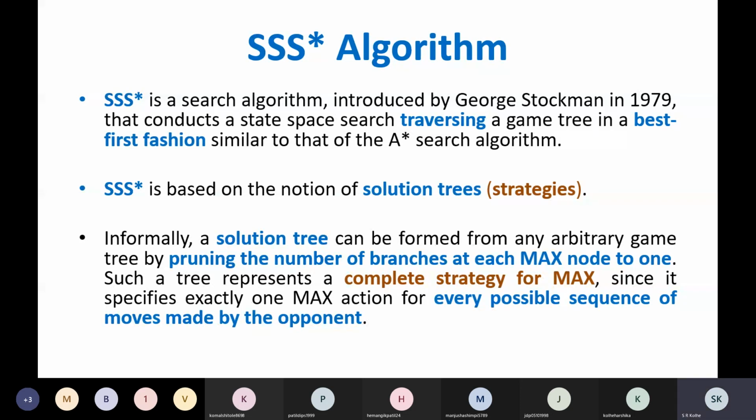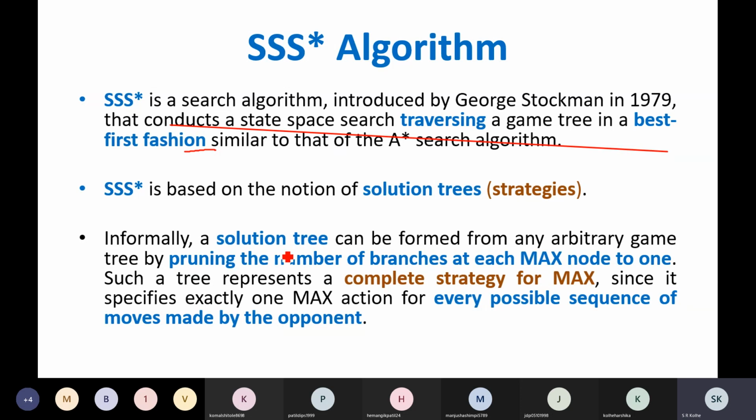As we have discussed, it conducts the state space search by traversing the game tree in best first fashion, similar to the A star algorithm, where we always move in the best direction. A star is a modified version of the best first search algorithm, which works on graph kind of search space.